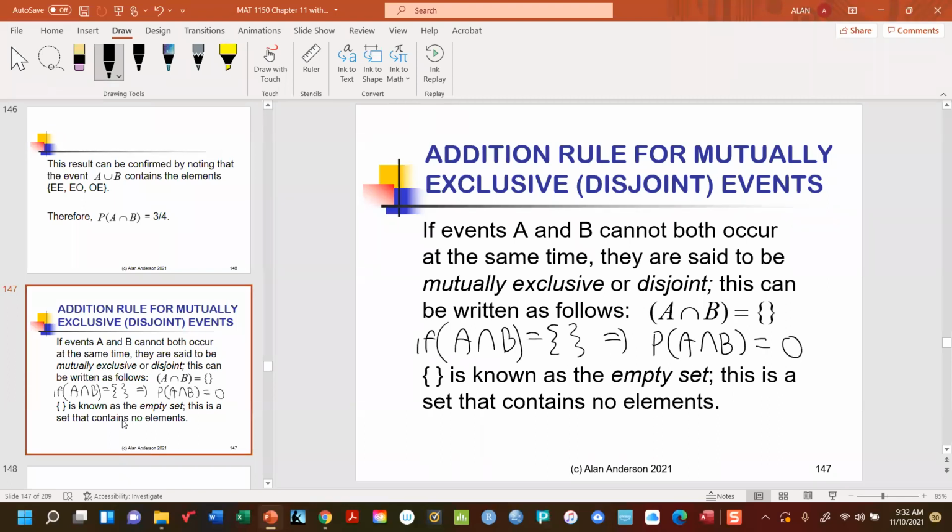And any event that has a probability of 0 is said to be the impossible event. So if the probability of A is equal to 0, A is said to be an impossible event.